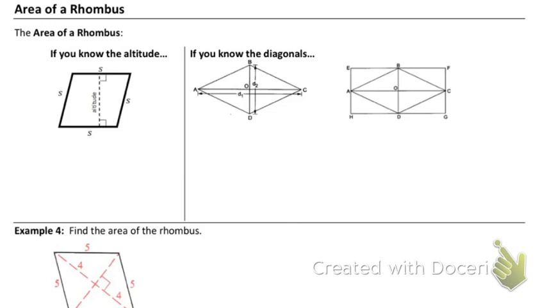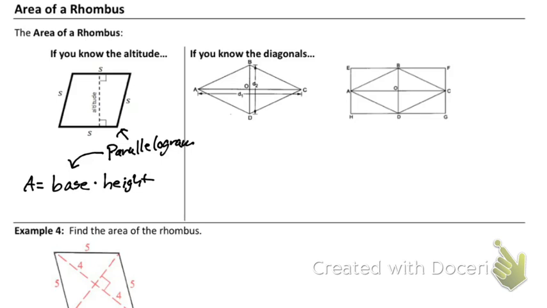At its heart, a rhombus is a parallelogram, which means finding the area of a rhombus is the exact same thing as finding the area of a parallelogram. So remember, this is just a parallelogram. The first way to find the area, if I know the altitude, is base times height.